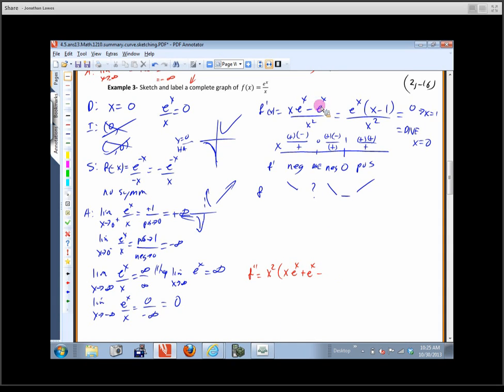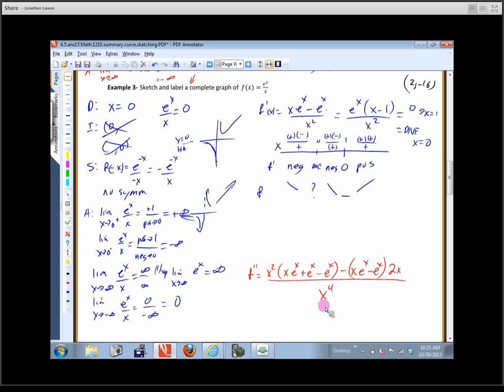And then the derivative of negative e to the x. That's just the bottom times the derivative of the top. You want to double check me? Minus the top, x e to the x minus e to the x, times the derivative of the bottom, which is 2x. All over the bottom squared, so that's going to be x to the 4th.